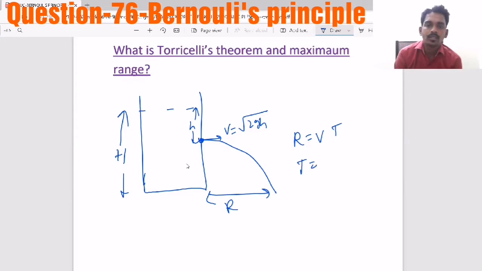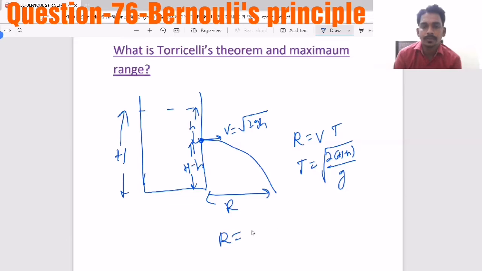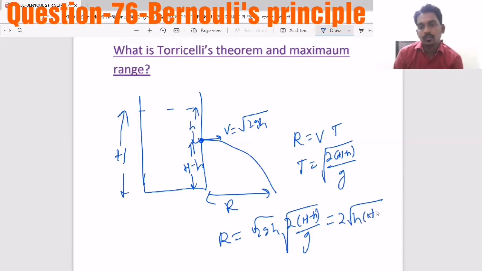The time is, this height will become H minus h. This is just like projectile motion, so t is root of 2 into (H minus h) by g. Then the range will become v, which is root 2gh, times root of 2(H minus h) by g, equal to 2 into root of h into (H minus h).